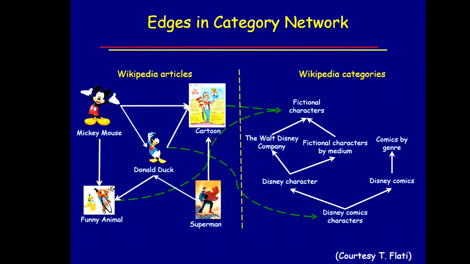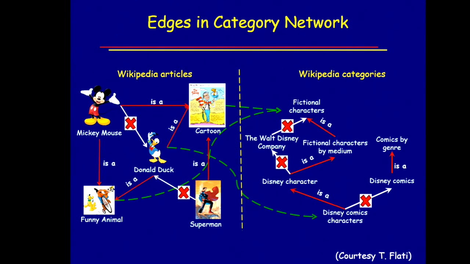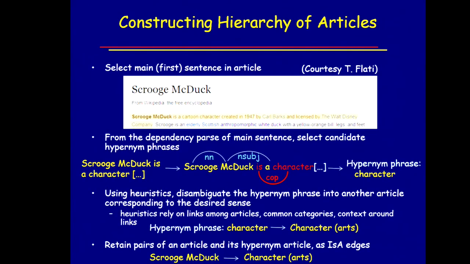These are given in Wikipedia. For every article, you have some categories listed at the bottom. That's all that these green edges mean. And somehow you'd like to select some edges that are ISA and remove the edges that are not ISA. This is the intuition, if you are to do this from scratch, but they actually go about it in a particular way.